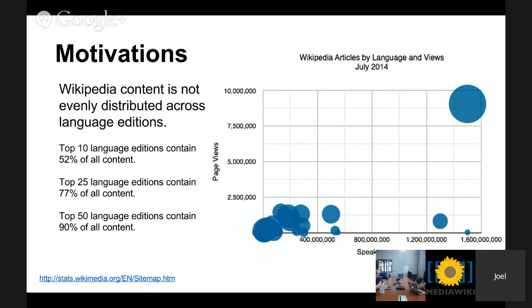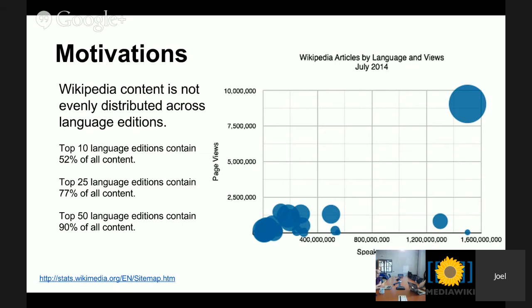The top 25 language editions contain 77% of all content. And the top 50 language editions contain 90% of all content. That leaves about 230 languages which cover the rest of the content in Wikipedia. And on average, those kind of long-tail languages have about 1,500 articles.